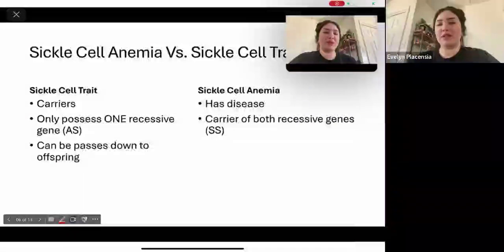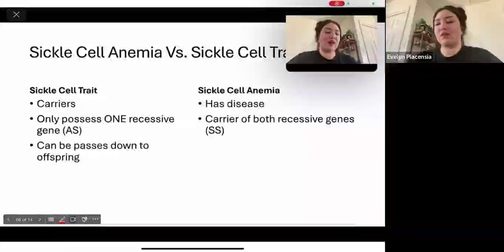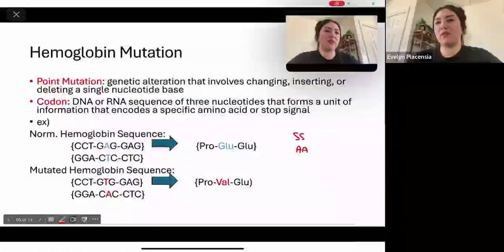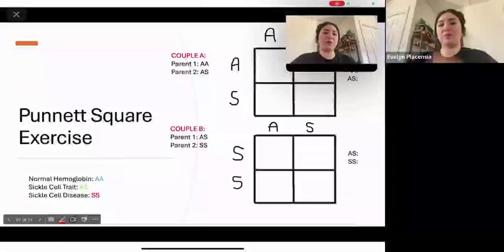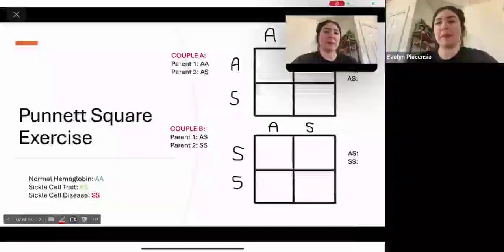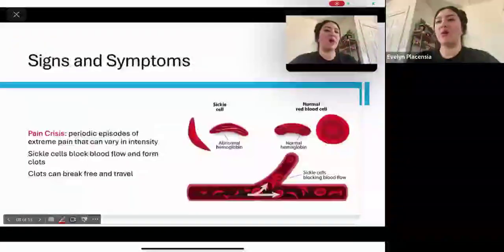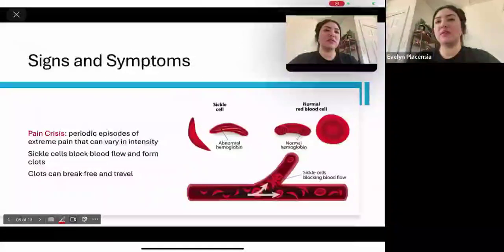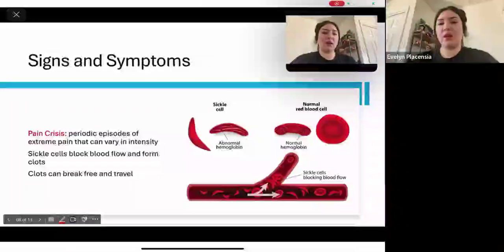People who suffer from the disease are susceptible to pain crises, which can last from hours to days to weeks.